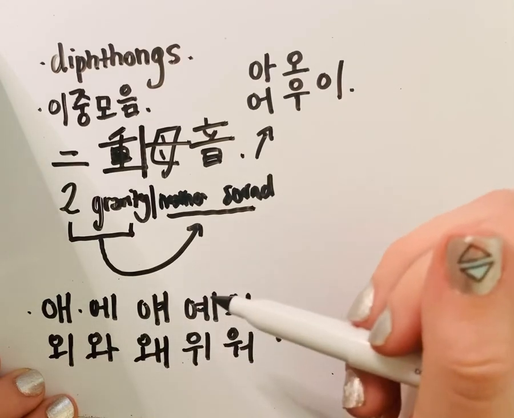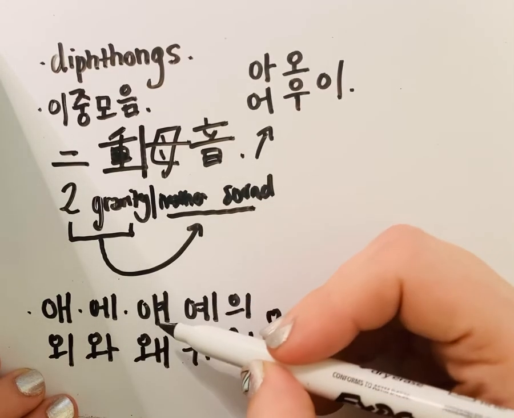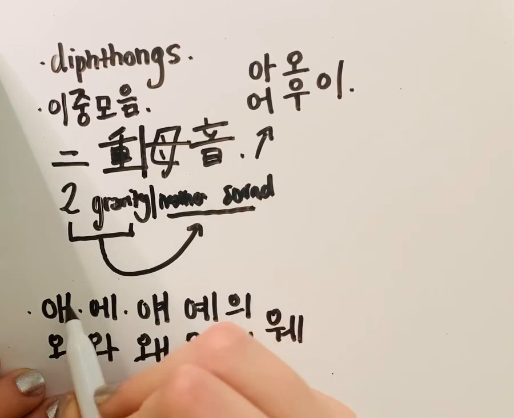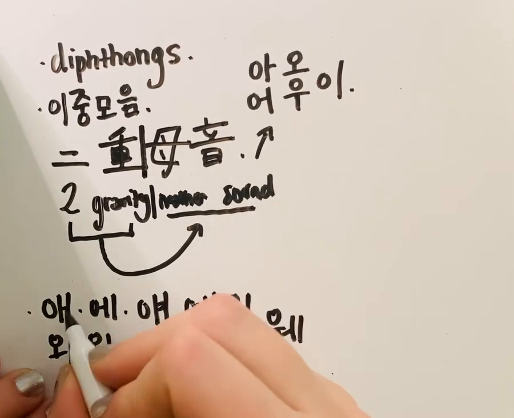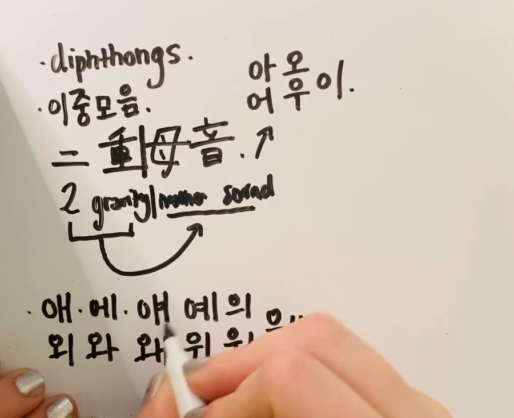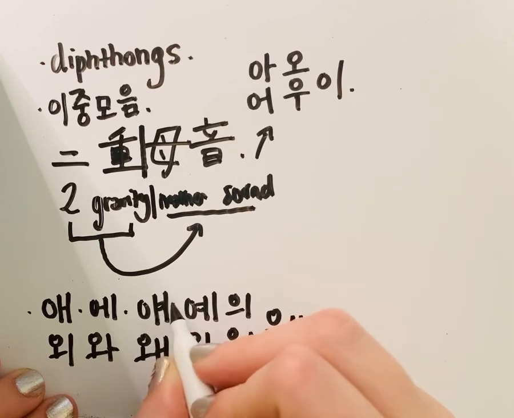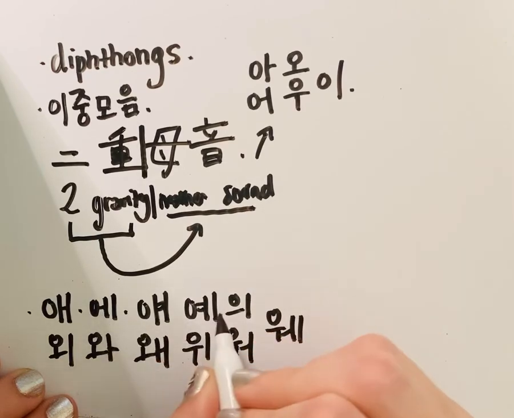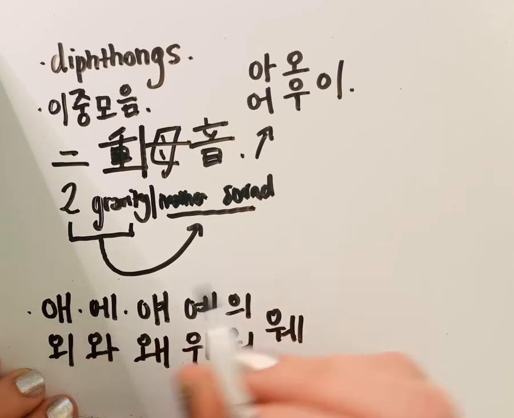So you don't have to worry about that. Here, we've used the Y rule. When you take the small line and add it, it becomes a Y. So we get 얘. Same here, 예. Pronounced the same.